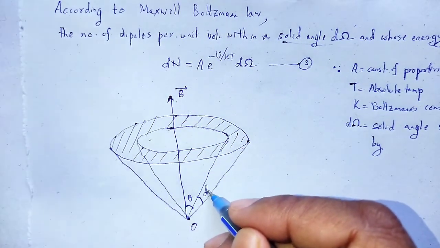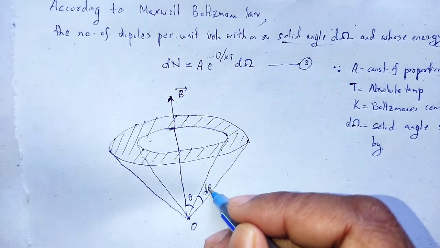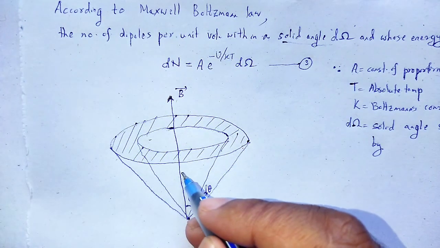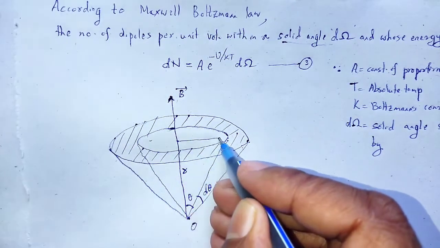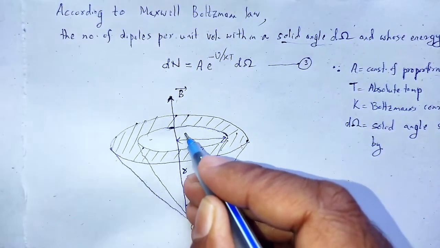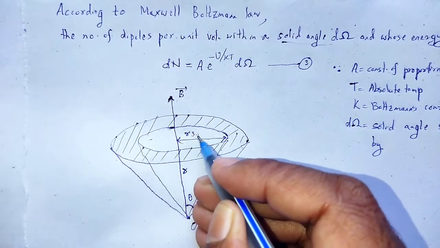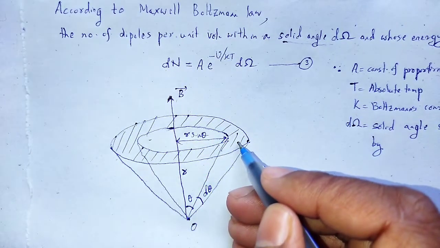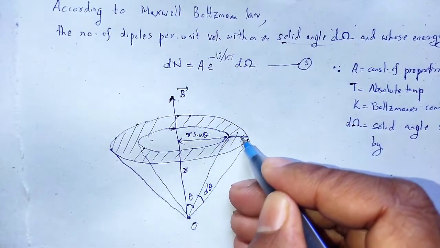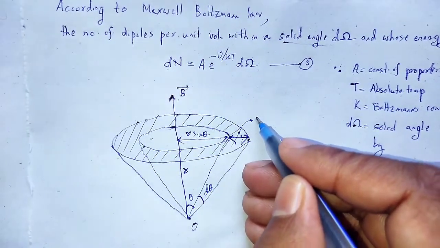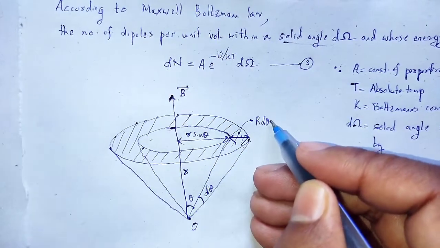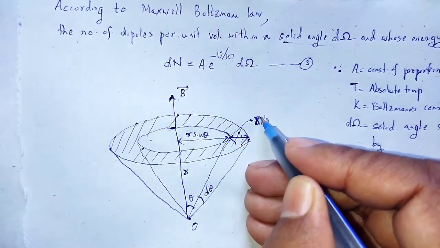This portion is d theta, here is, let, r, that portion is r sin theta, and this thickness portion is r d theta.